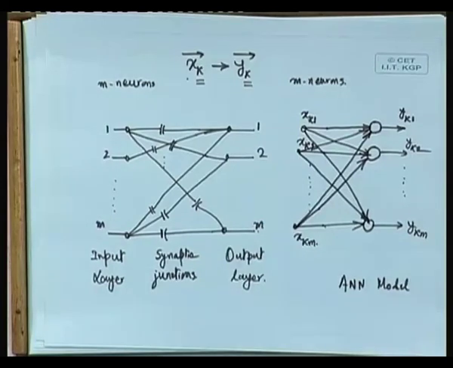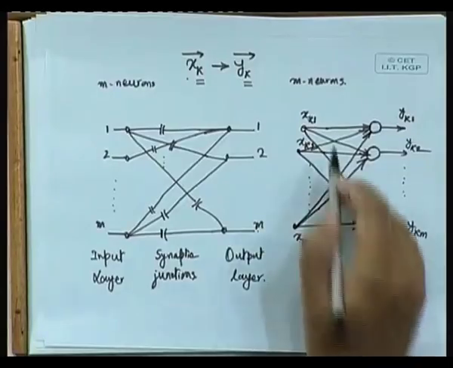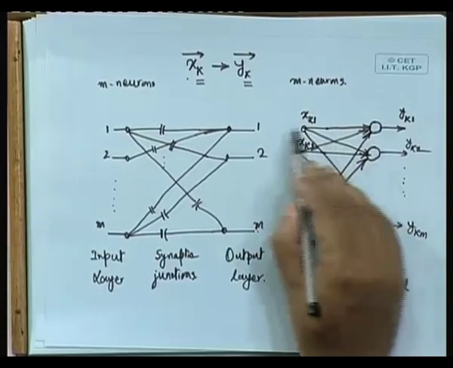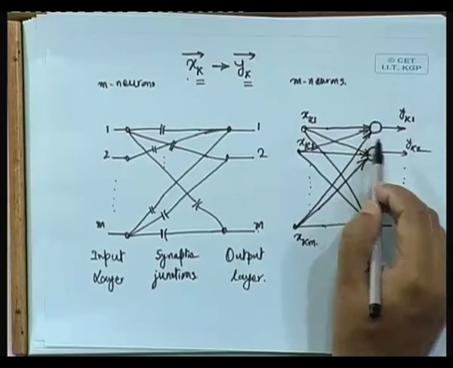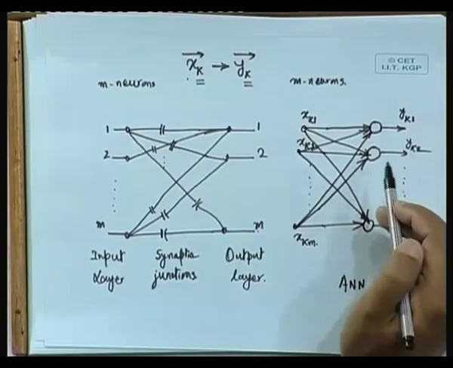Okay. This is the ANN model. So it is essentially the same, and in this case we will be designating each of these connections by their synaptic weights.